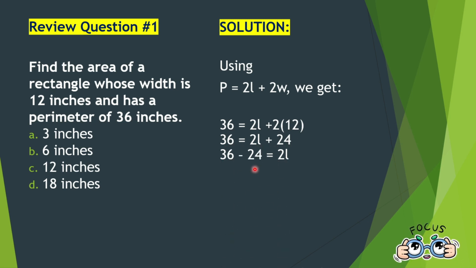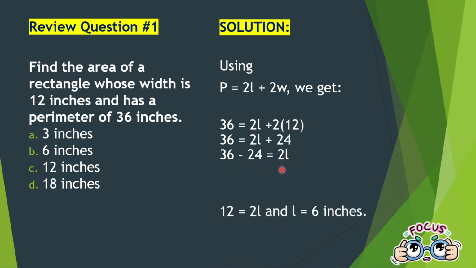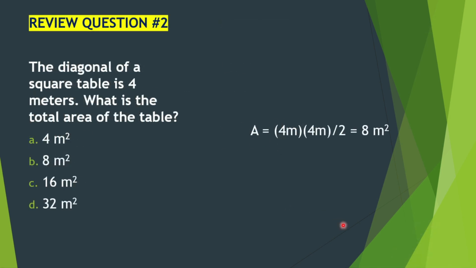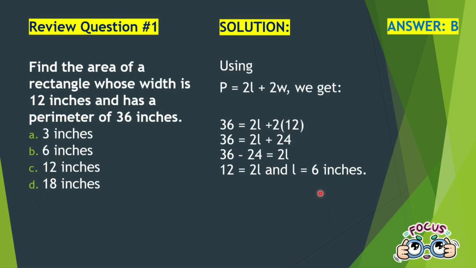Solving for L, we get 36 - 24 = 2L. Therefore, 12 = 2L and L = 6 inches, or the length is 6. If the length is 6 and the width is 12, therefore the area is 12 times 6, that is 72 square inches. So there is no correct answer here.